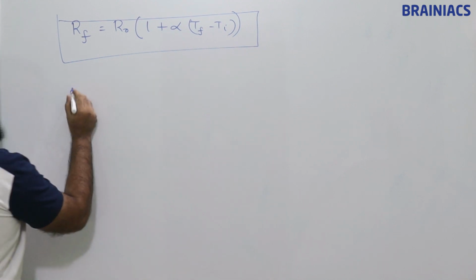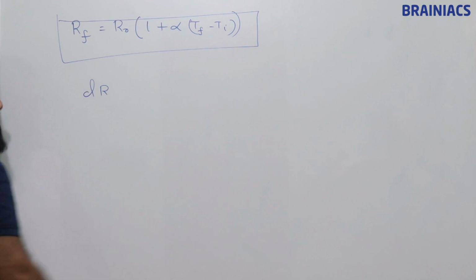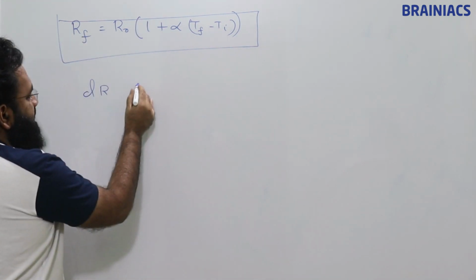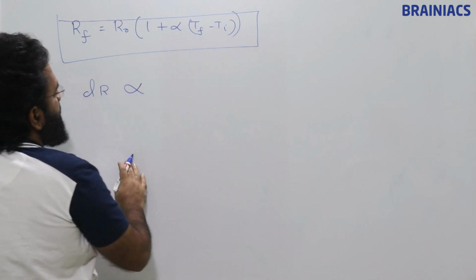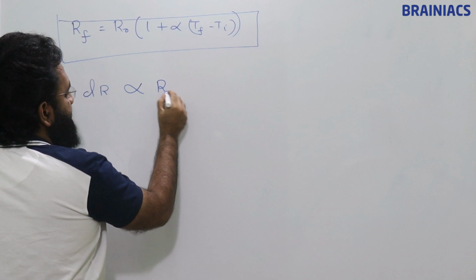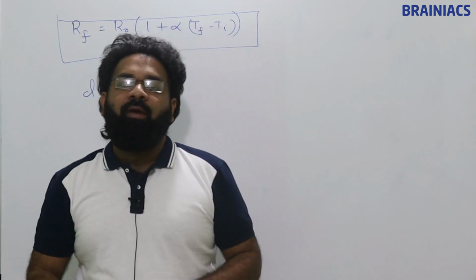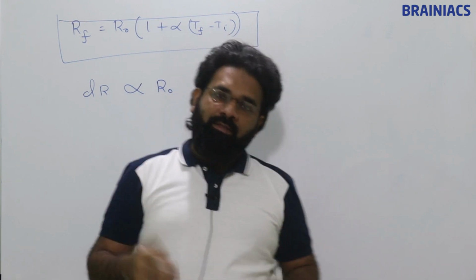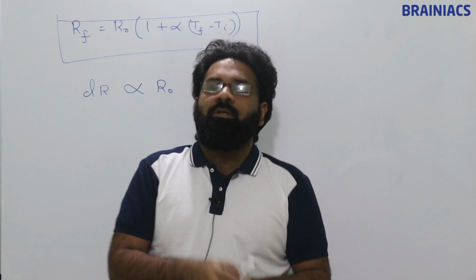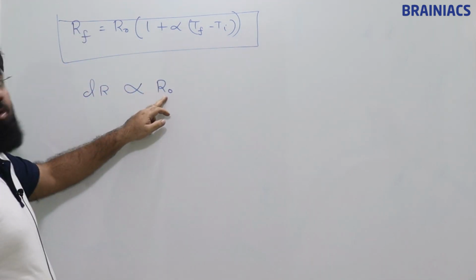The change in resistance, say dR, is directly proportional to the initial resistance. Initially the resistance will have a value, right? After increasing the temperature, that will change, but this change in resistance depends on the initial value.